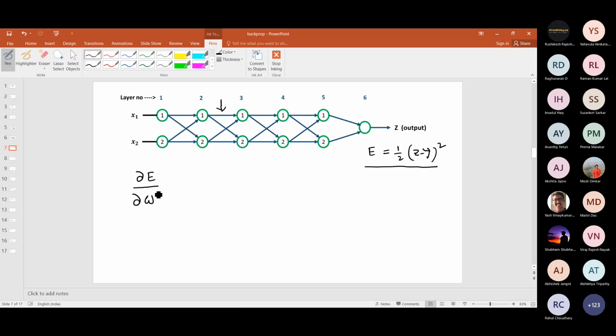What is this parameter corresponding to this connection? It's W11 layer 2. Okay, perfectly all right.